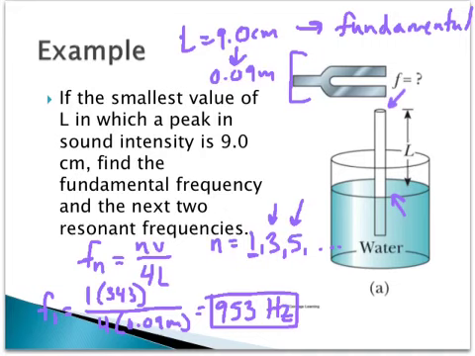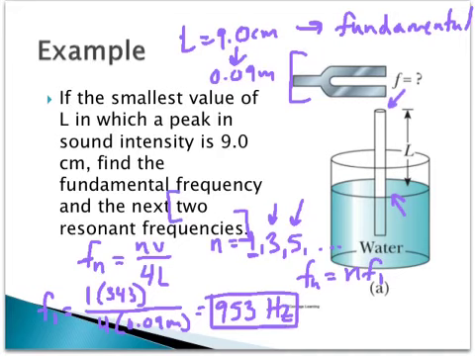Then it's asking for the next two frequencies. We are not looking for the second and the third, but actually the third and the fifth. We could go back and plug into this equation, but the only thing we don't know is that these occur at different lengths. So how do we find these? Well, any standing wave occurs at some multiple n times the fundamental frequency.